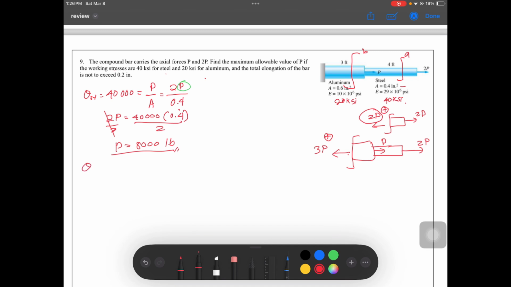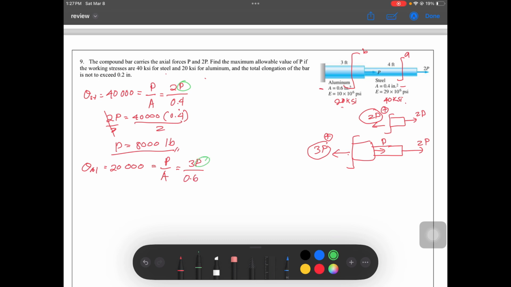Okay? Pag sa aluminum, so ano ang sa aluminum? 20 KSI. So, that is times 1,000. So, 20,000 PSI. So, force over area, ano ang P natin kay aluminum? It is 3P over, ano ang area ni aluminum? It is 0.6.